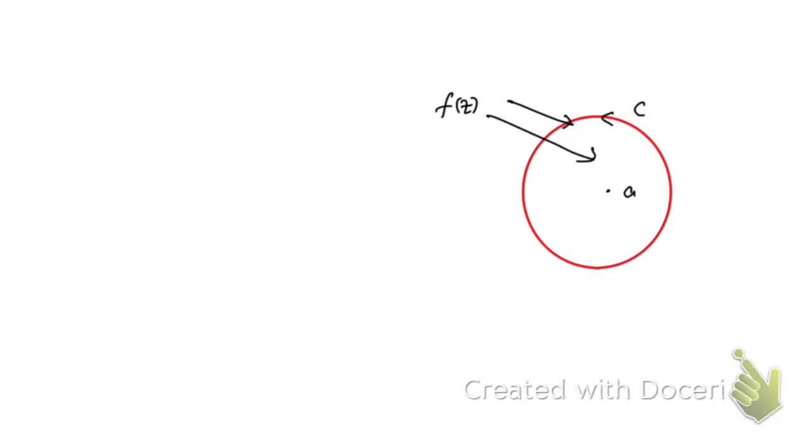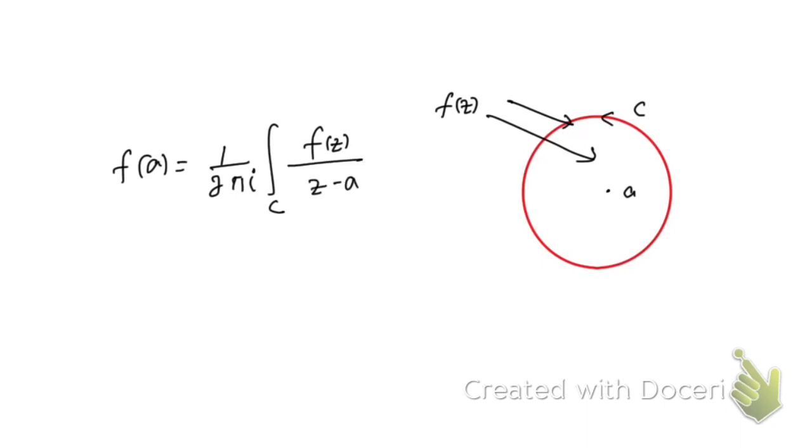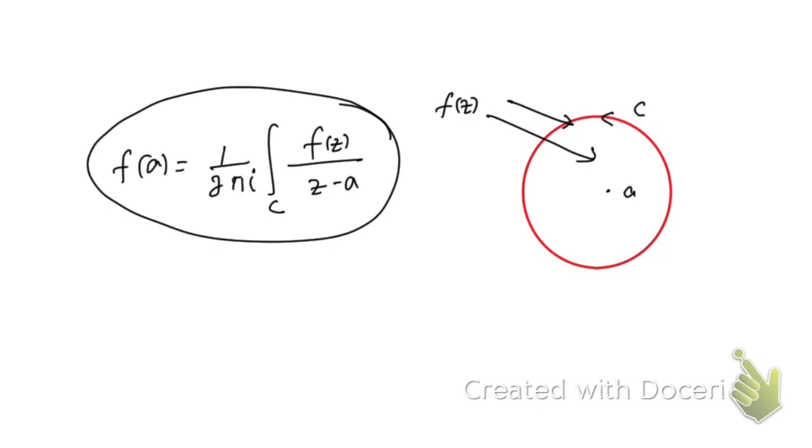Then f of a is given by 1 by 2 pi i, integral along C of f of z upon z minus a. So we are going to apply this, right?